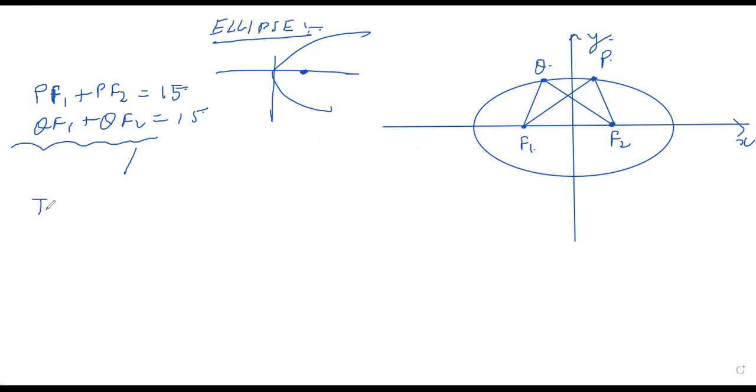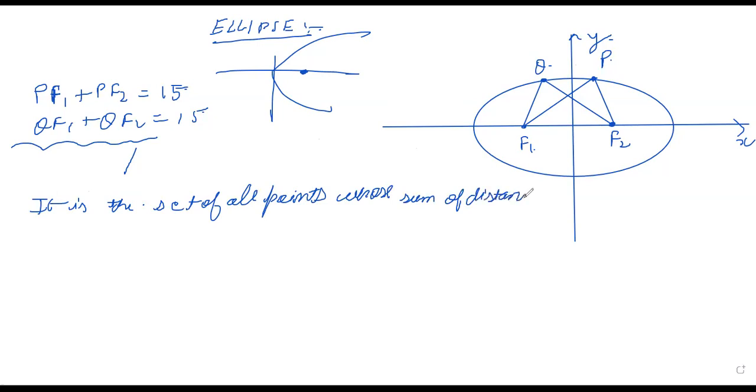So it is the set of all points whose sum of distances from two fixed points is always constant.